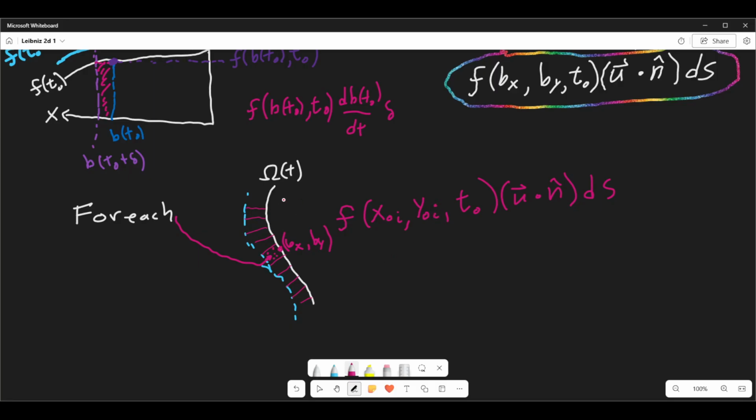So that would be like the ith, so this could be like 0, and this would be 1 for the index, and this would be the ith index, and then it keeps going on. So if each of these things were labeled as a count, this would be summed up to get the approximation. But the other way to do this is to just do this with the integral. So basically this is the integral of the function of x, comma y.